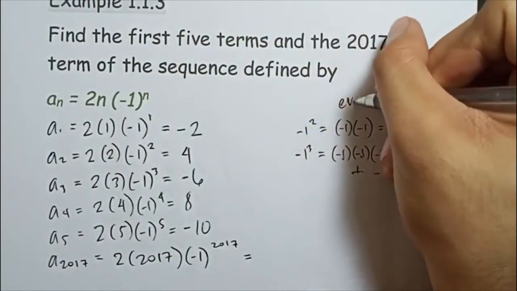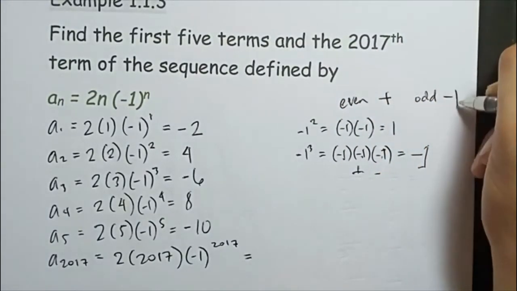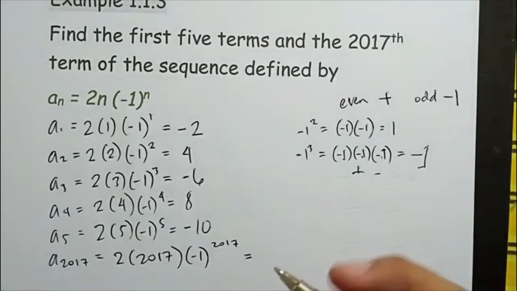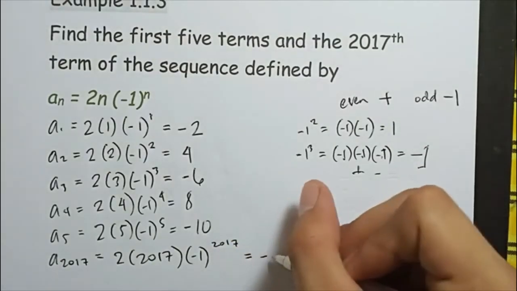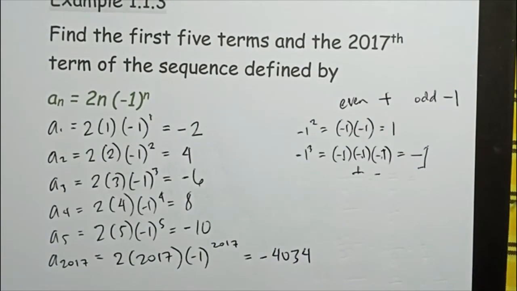Pag even, positive. Kapag odd, negative. So dito, 2017 is an odd number, kaya negative ang magiging sagot dito. Negative 1. So 2017 times 2 times negative 1, the answer will be negative 4,034. The next example agad.